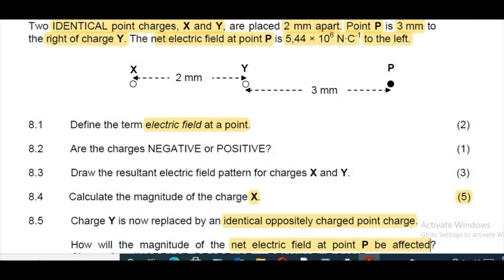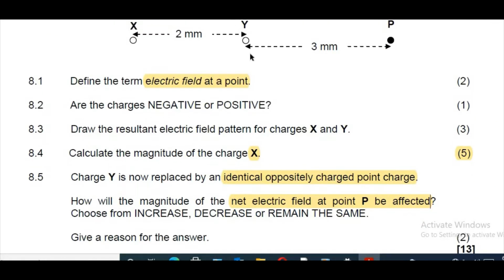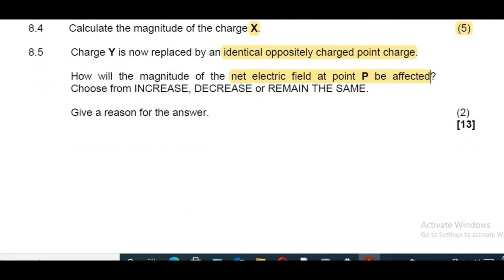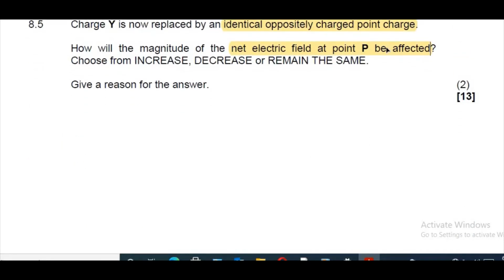And now if we change the sign of this, how will it be affected? Will it decrease, increase, or remain the same? And you must provide a reason. So you'll get a mark for saying increase, decrease, or remain the same, and then another mark for providing a reason. So let us just get straight into it, right?